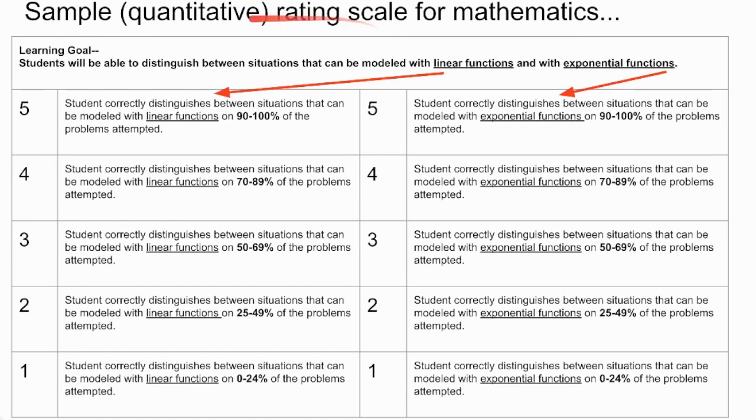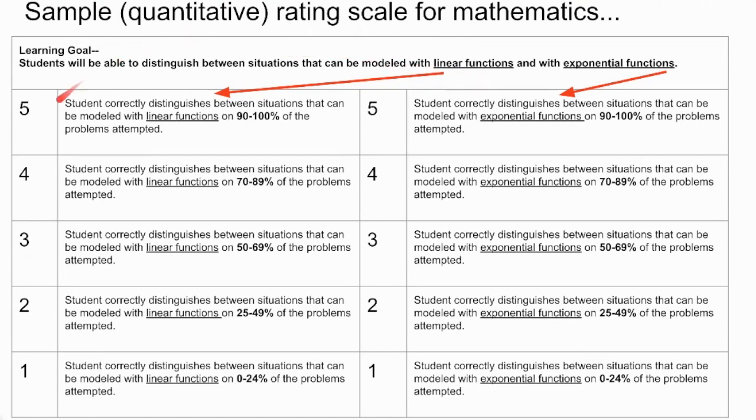For example, here is a learning goal for mathematics. Students will be able to distinguish between situations that can be modeled with linear functions and with exponential functions. It looks as though there are two different concepts that need to be understood. So we could develop a rating scale for each part. Let's take a look at the one that's been developed for linear functions. You can see that it is quantitative.